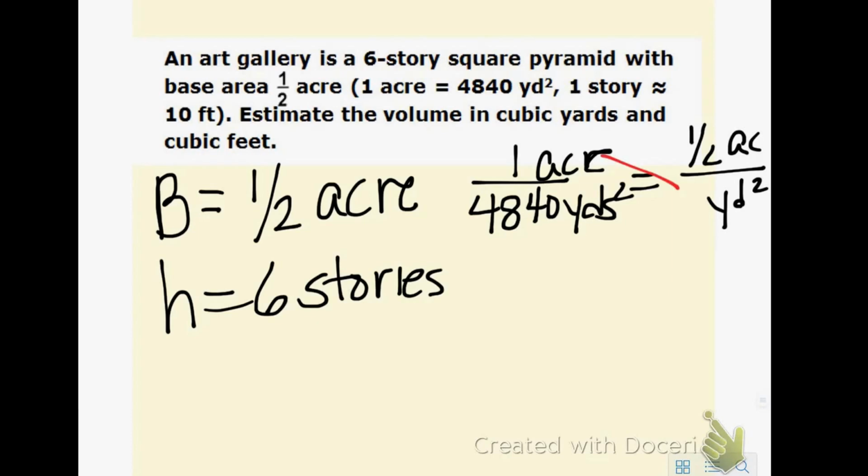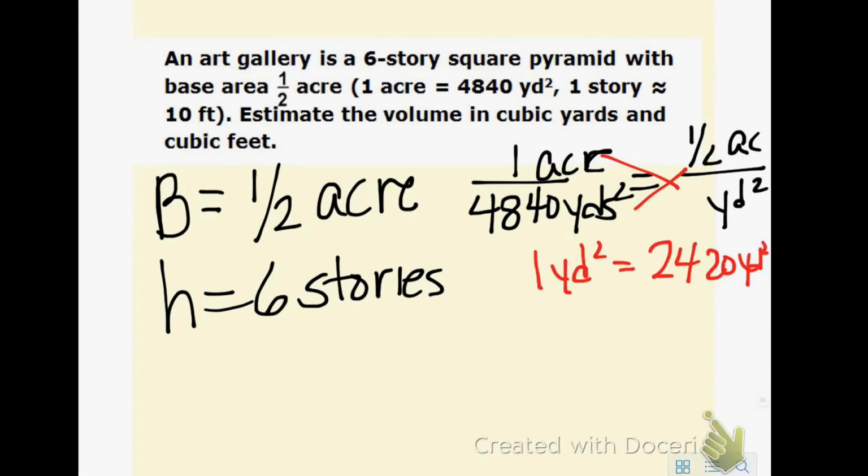If I multiply there, that gives me 1, and if I multiply here, it's going to give me 1/2 times 4,840, which is 2,420 yards squared.